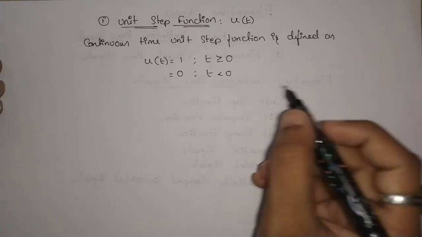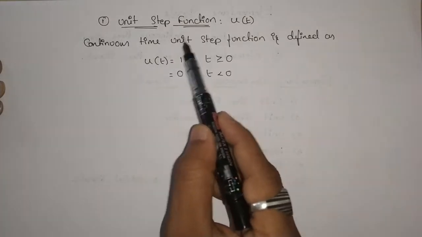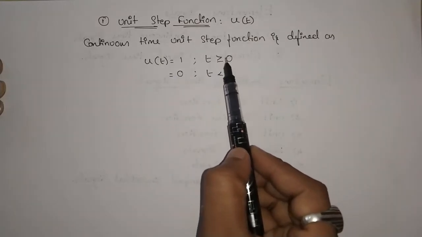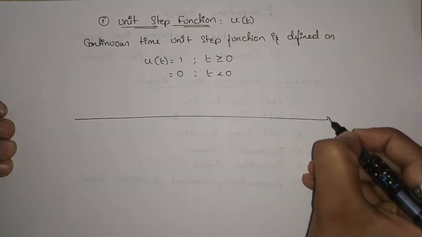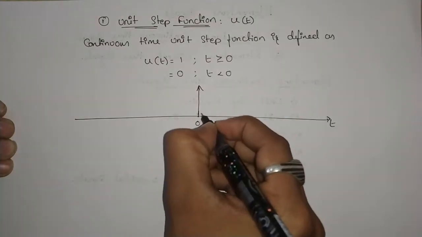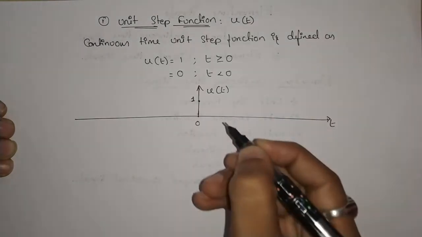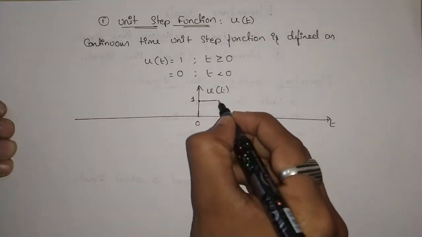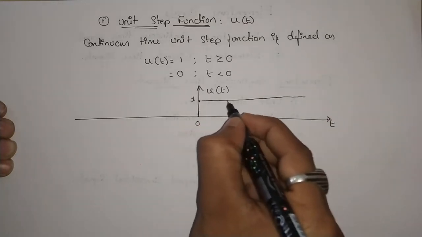Hope you can understand. Unit itself says 1, so the u of t value is 1 for t greater than or equal to 0, and its value is 0 for t less than 0. If you want to represent it graphically, for every value of t greater than or equal to 0, the u of t value is 1.